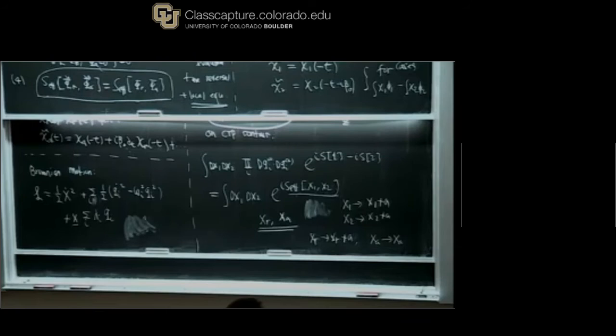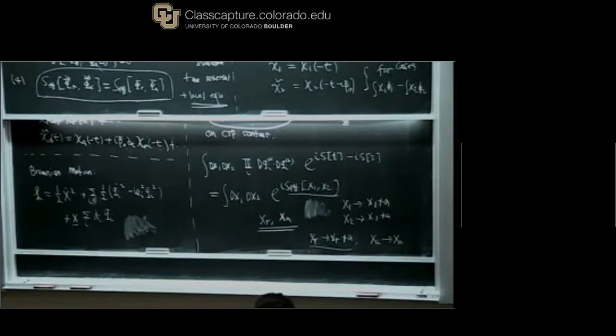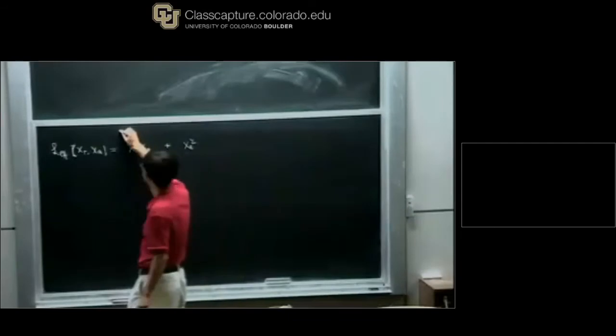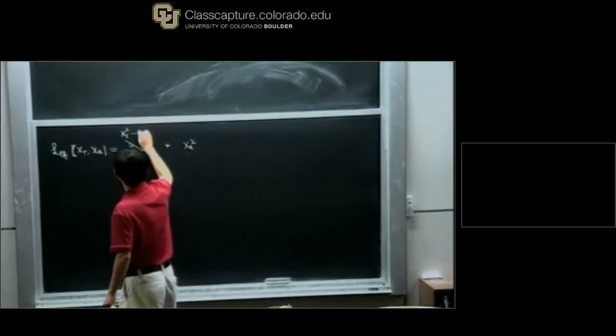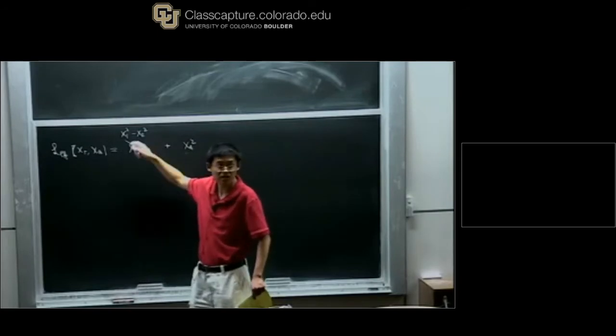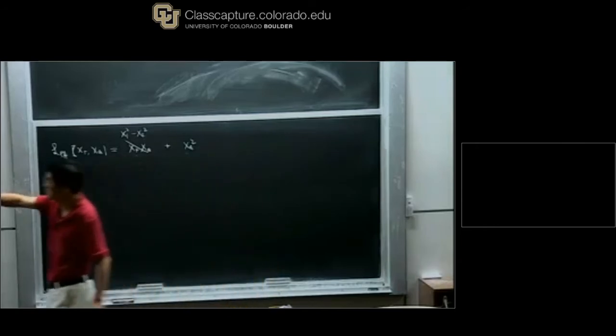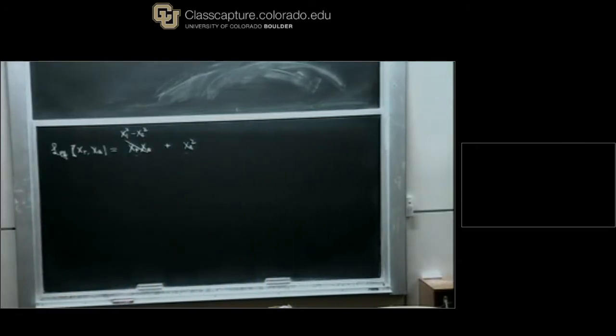Then that means the XR XA term is not allowed, because it is not invariant under such a shift. But the XA squared term is allowed. This makes sense because the XR XA term, in ordinary language, corresponds to x1 squared minus x2 squared, and that would generate a harmonic potential, which should not happen here, because this is a particle just coupled to some baths. It should not generate such a potential.